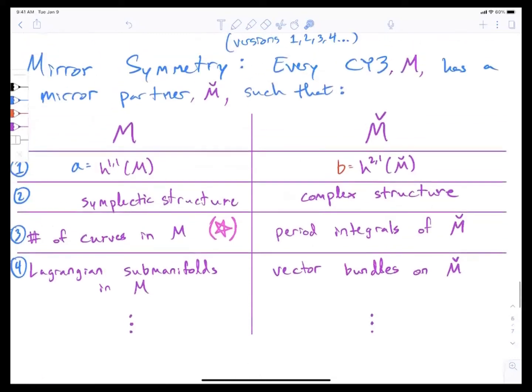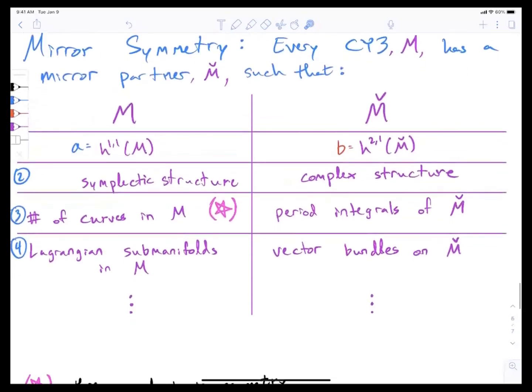And what the mirror symmetry conjecture coming from physics predicts is that if I look at this other space M check, then somehow, in a complicated way, the number of curves in M should be related to what are called period integrals of M check.